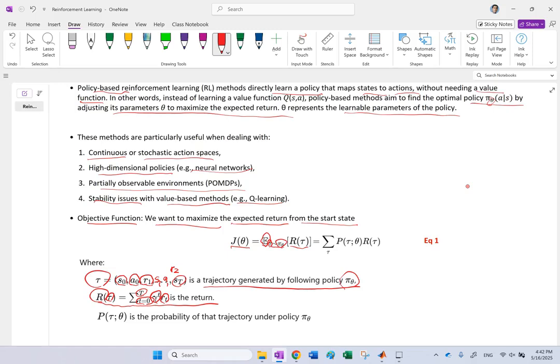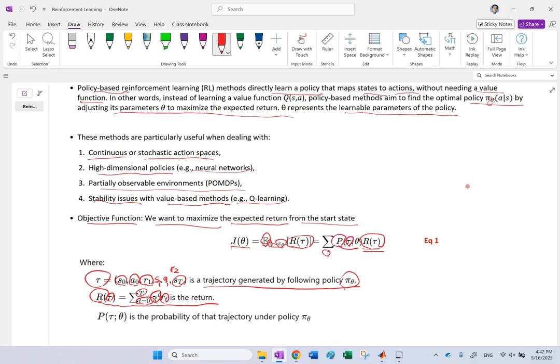And another way to write it, because this is an expected value and these could be discrete or continuous states, let's say in this case a discrete state, of only a few number of transitions, then you can say summation over the trajectory of P of tau given theta times R of tau. And so this is that entity that you wanted to maximize.